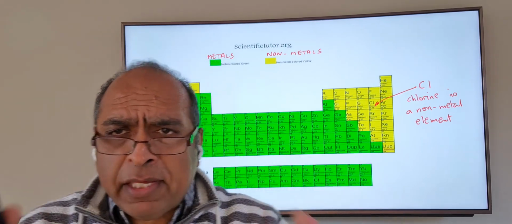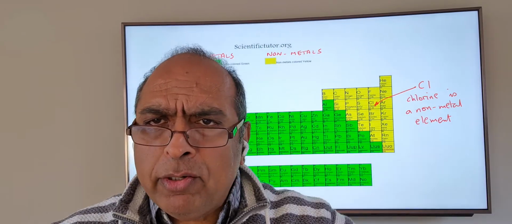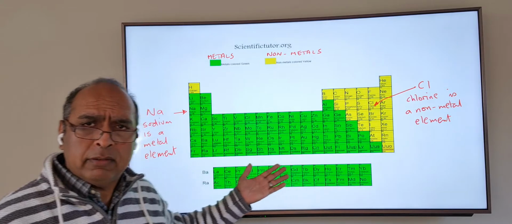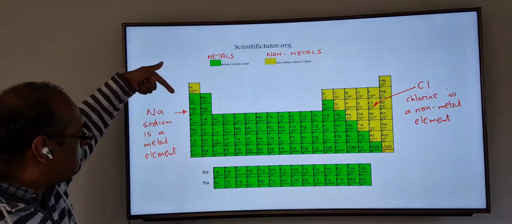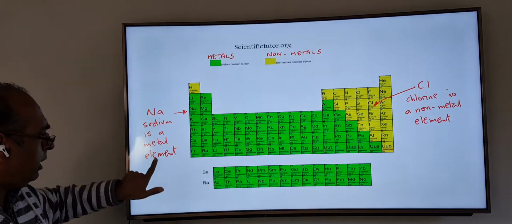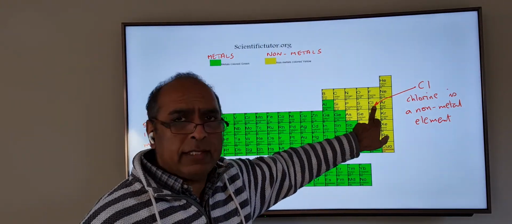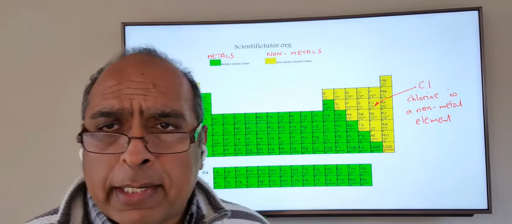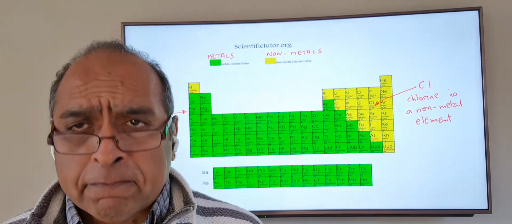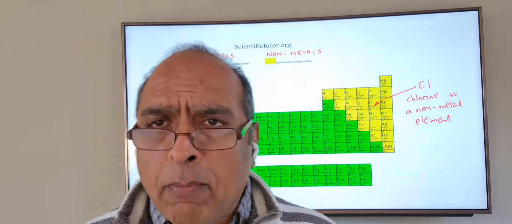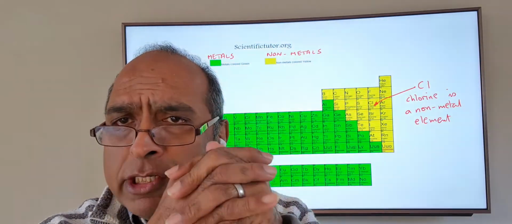So if I think about the bonding that happens within sodium chloride, look at the periodic table, and sodium is there. Sodium is a metal element, and chlorine is there. Chlorine is a non-metal element. Do you remember in previous lessons I was saying that compounds are made from 2 or more elements chemically joined together?